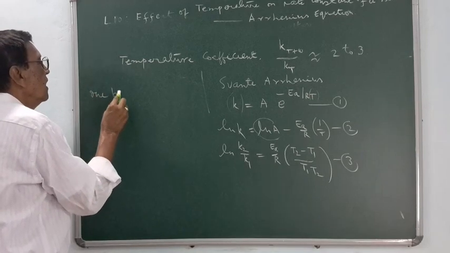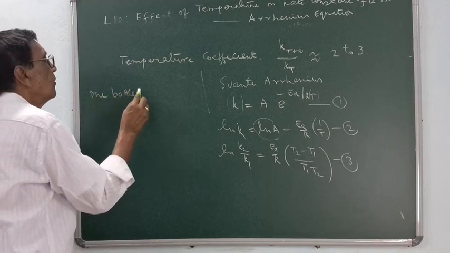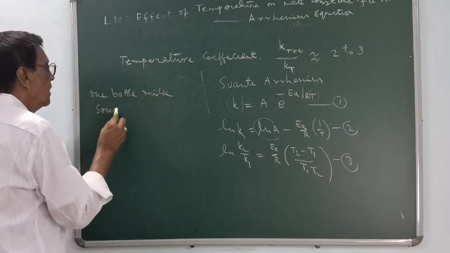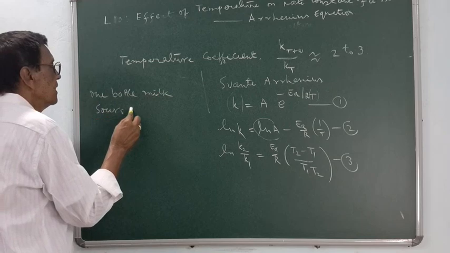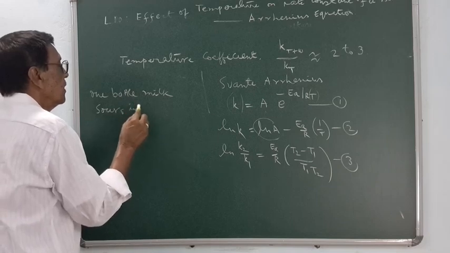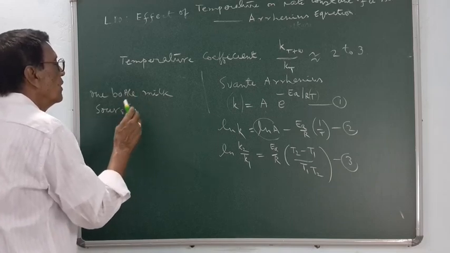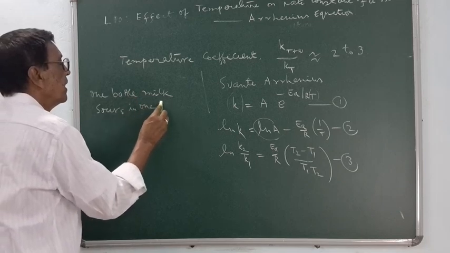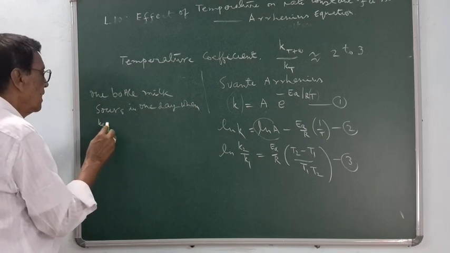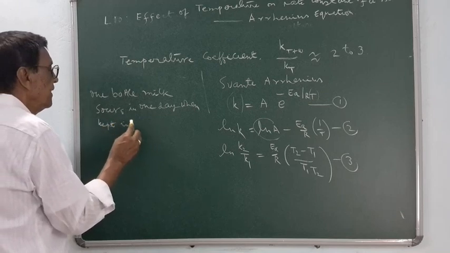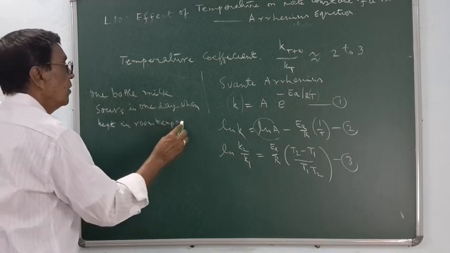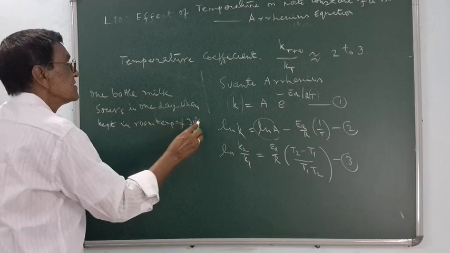One bottle of milk sours in 1 day when kept at room temperature of 30 degree centigrade.